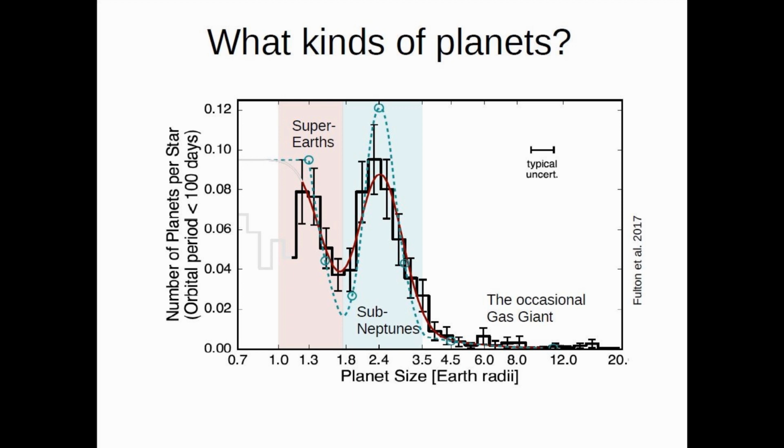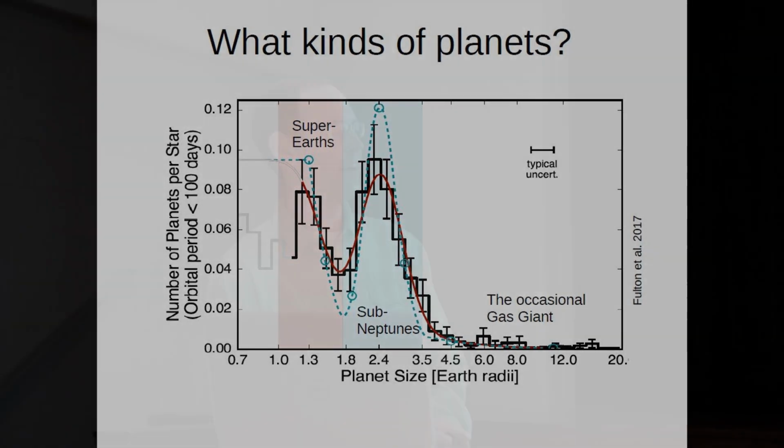And then we find a population of sub-Neptunes at sizes bigger than that. When we were able to calculate their mass by various methods, I'll tell you about transit timing in a moment, we find that they're often around 5 Earth masses, so their density is much lower than the Earth. They have an envelope of gas on top of them.